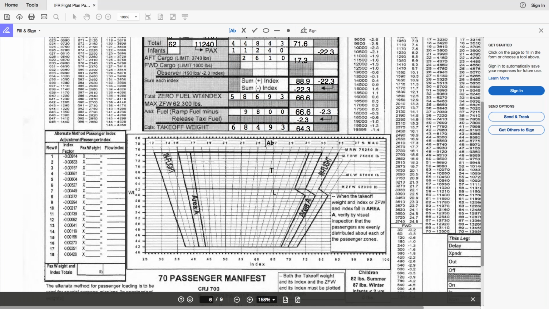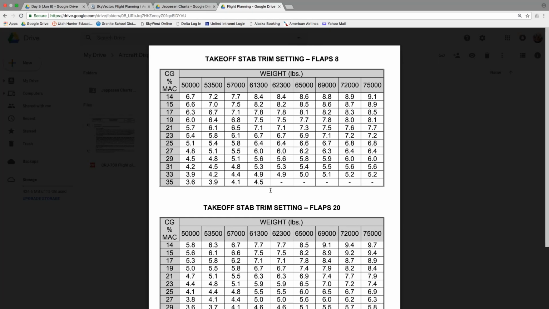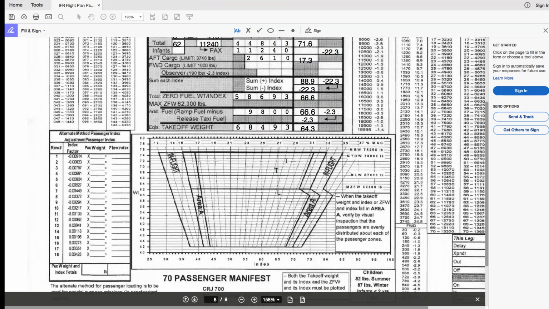I mean, it's like 26.8 or something like that. We call it 27. So 27 percentage of MAC. This is flaps 8 up here. So 27, go over to our takeoff weight of about 69,000 pounds. Gives us our stab trim setting of 6.3.